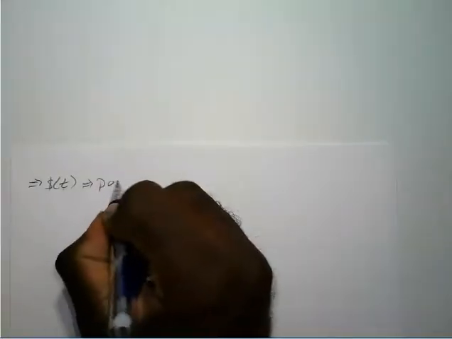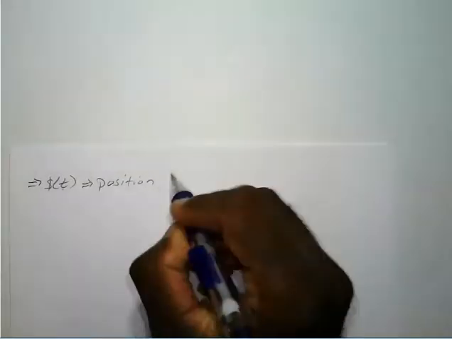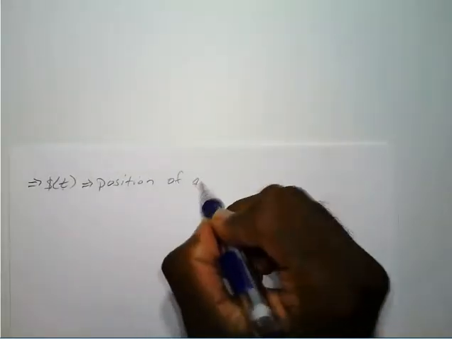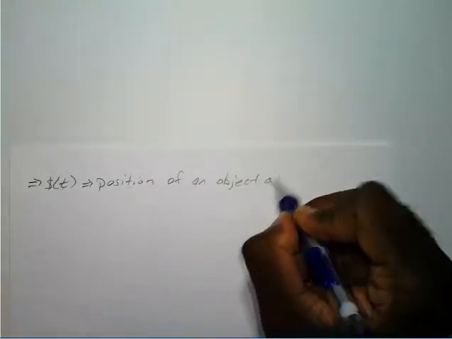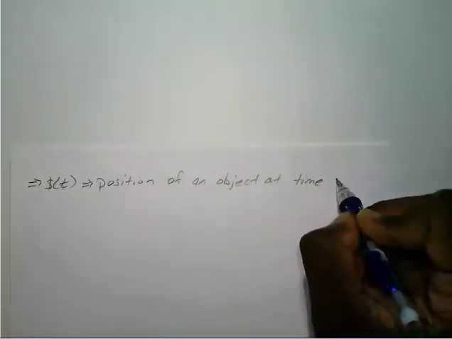So this is the position of an object at time t. It's just a regular ordinary graph.